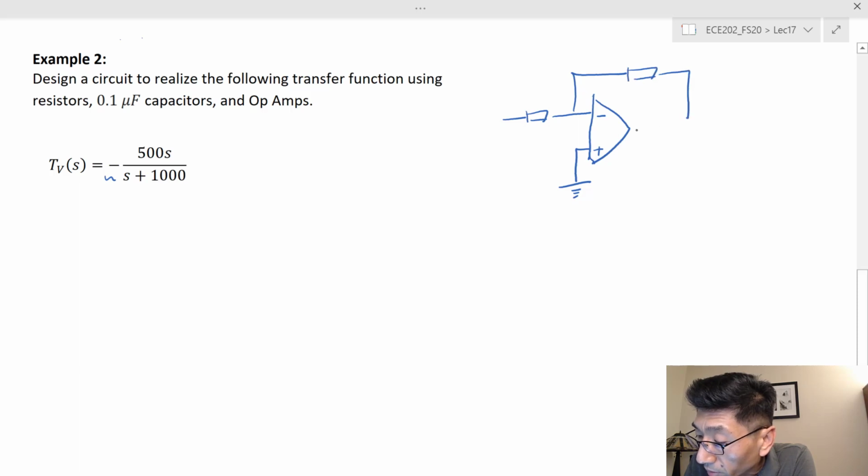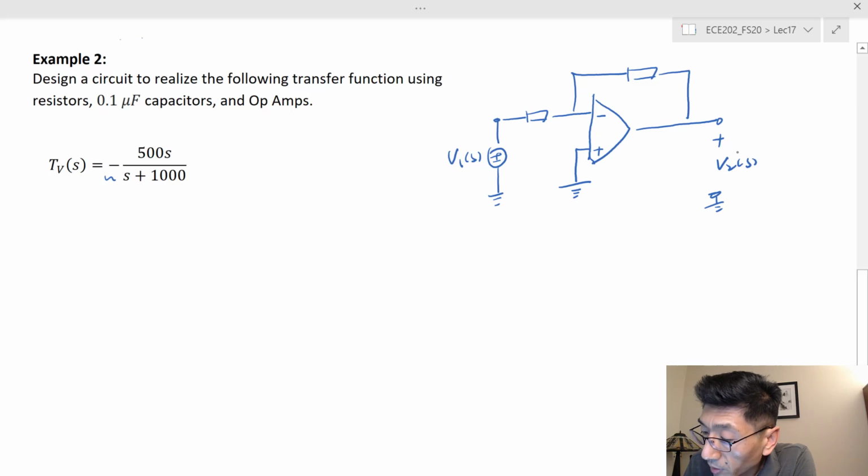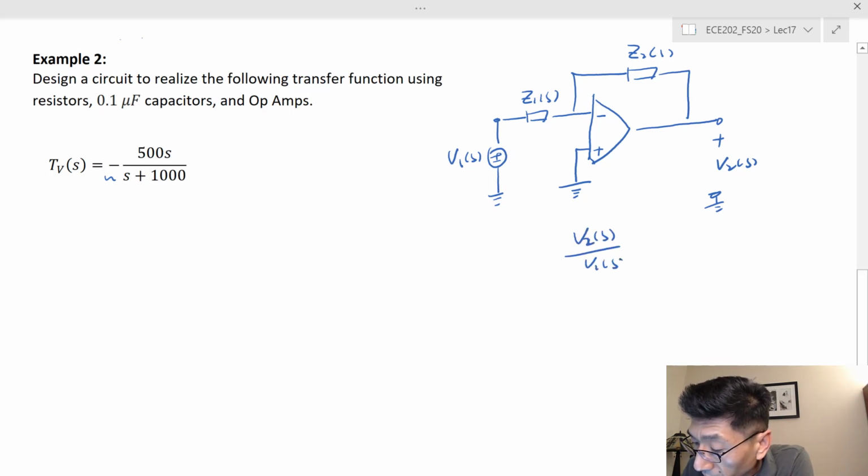This is V1, and this is V2, and this is Z2(S) and Z1(S). The inverting amplifier has the voltage transfer function V2 over V1 equal to negative Z2 over Z1.